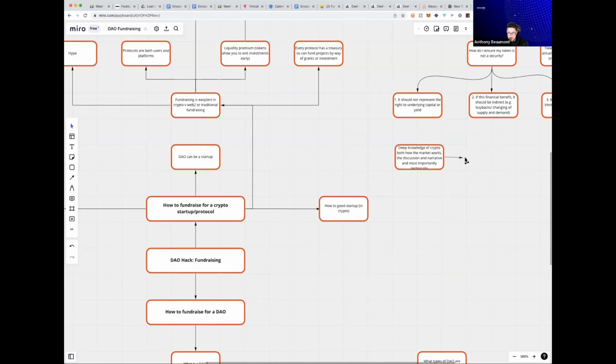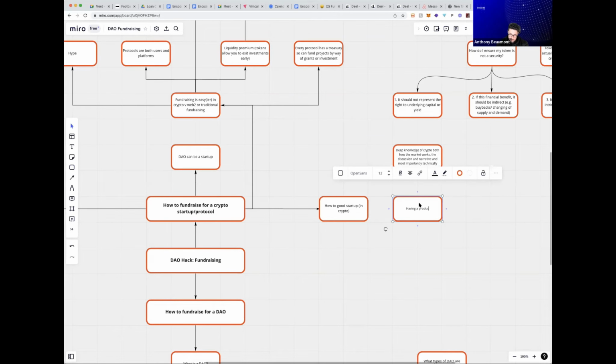Which leads to the next side of things, which is having a product people want, which means the right ecosystem, right idea.